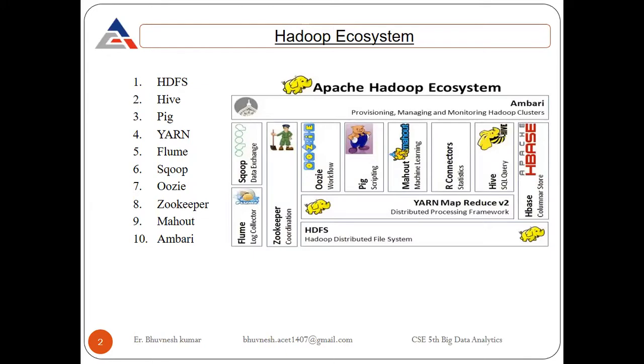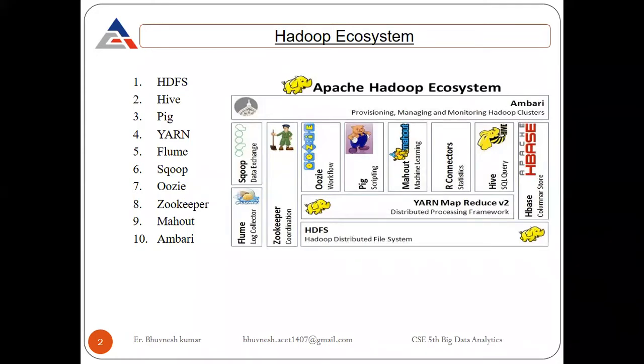The name of the system is Hadoop. All these tools work collaboratively and parallelly, and they will produce usable data.